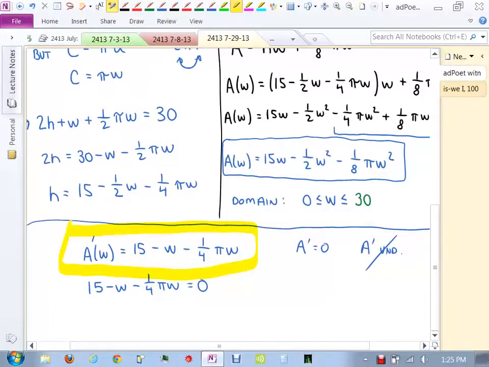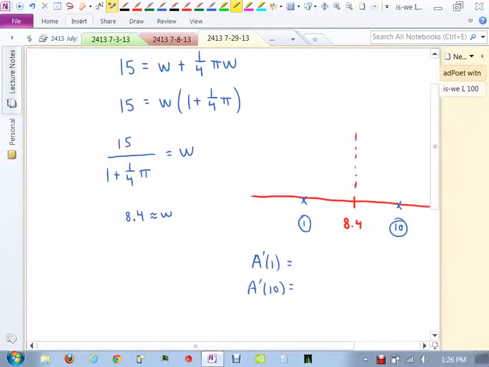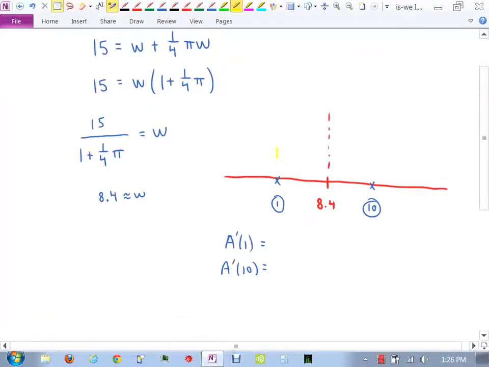Yes? 13. So it's positive, right? Now plug in 10. If you plug in 10, you'll get negative. Yes? What that tells me back here is that my area function goes up and then goes down, which means that 8.4 is a local maximum, right?